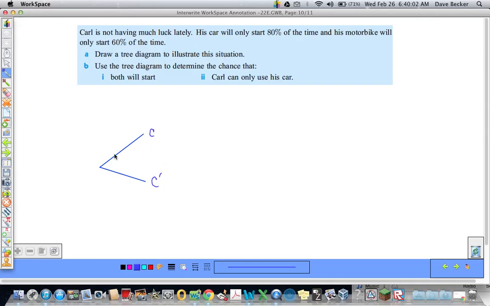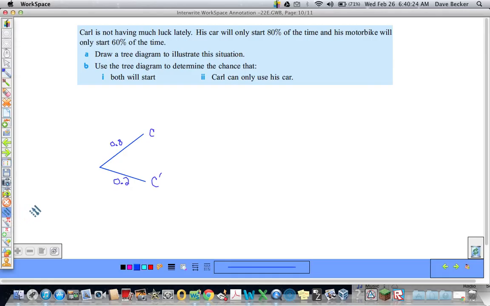And along the branches of the tree diagram, we list the probabilities. That's what makes this completely and totally awesome. His car will start 80% of the time, or 0.8, and it will not start 20% of the time, or 0.2.